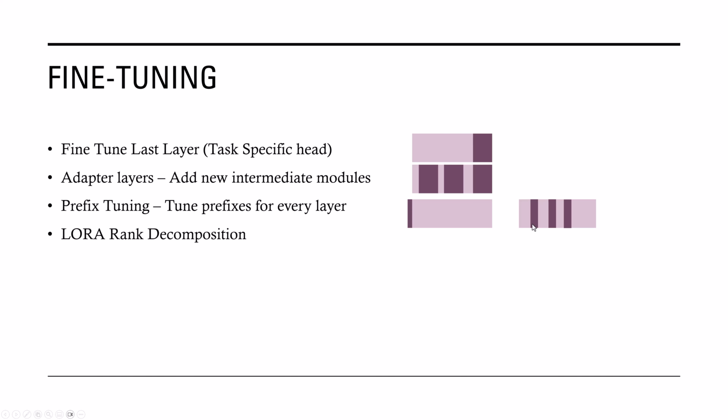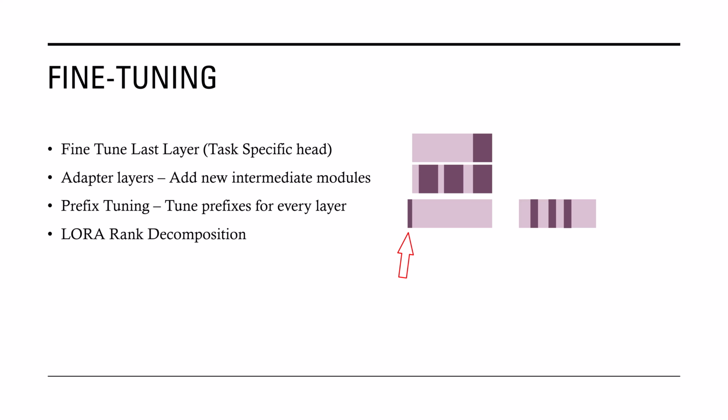And the next one is prefix tuning. Prefix tuning is a method where fixed-length prefix tokens are added to the input sequence of each layer of a pre-trained model. These prefix tokens are trainable parameters that act as a steering mechanism, guiding the model's behavior for a very specific task.